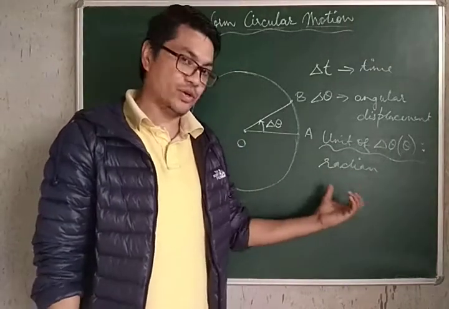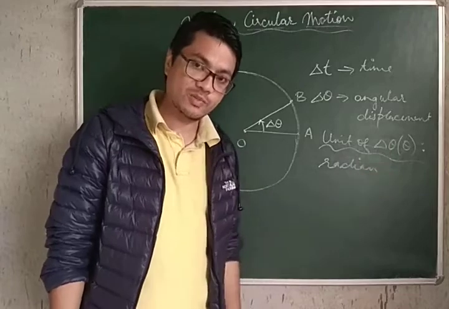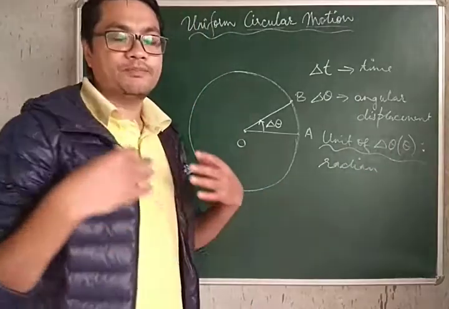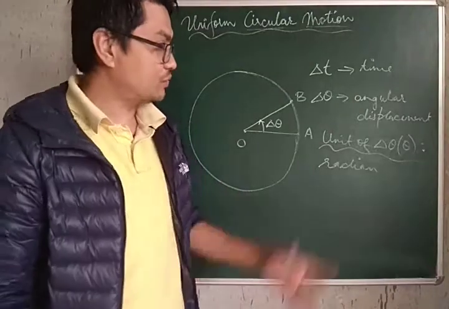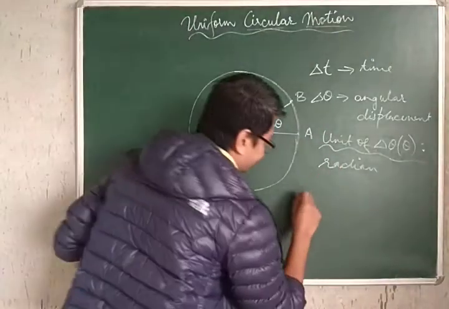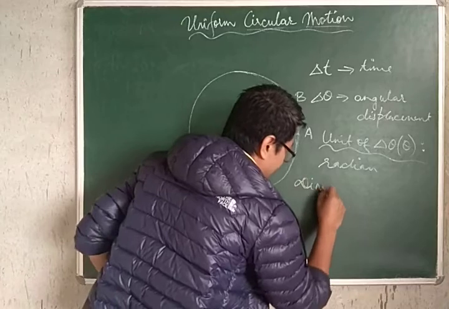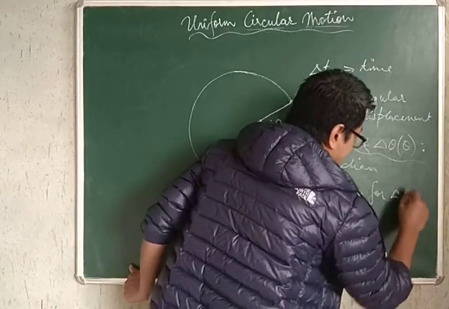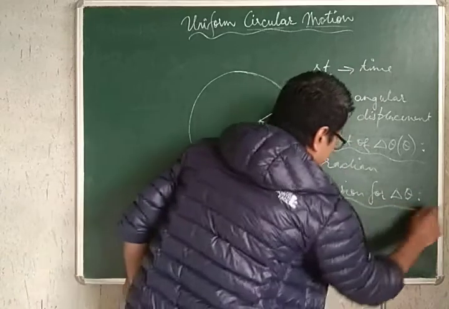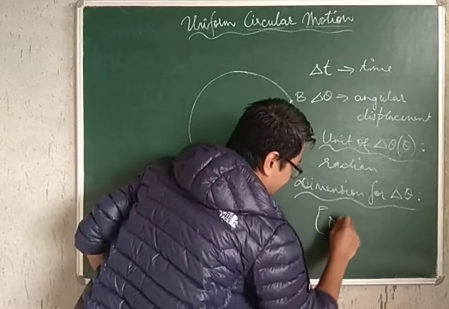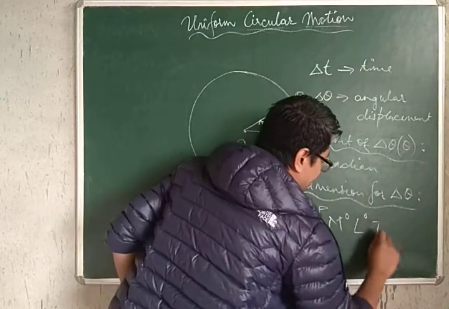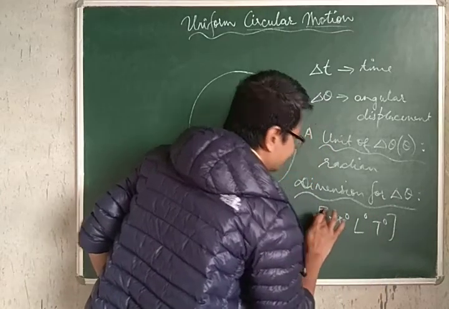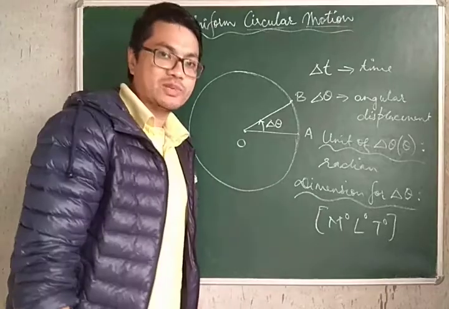Therefore, if you are to find the dimension of angular displacement, the dimension for delta theta is M to the power 0, L to the power 0, T to the power 0 inside square bracket, of course. So this is the dimension of your angular displacement, remember.